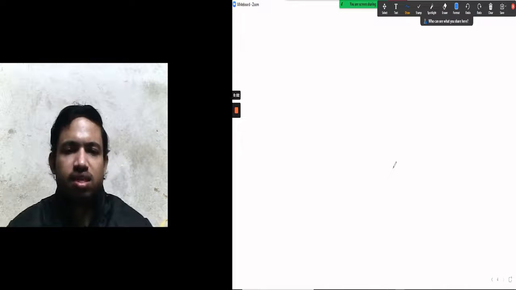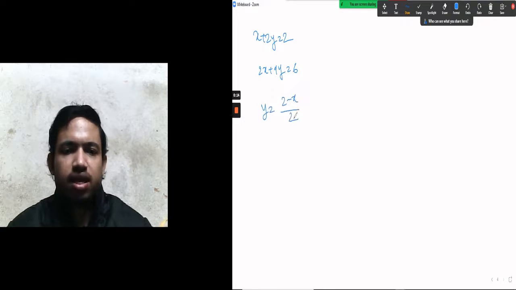Now, look at this example. x plus 2y equals 2 and 2x plus 4y equals 6. Solving algebraically, we get y equals (2 minus x) by 2 from equation 1.